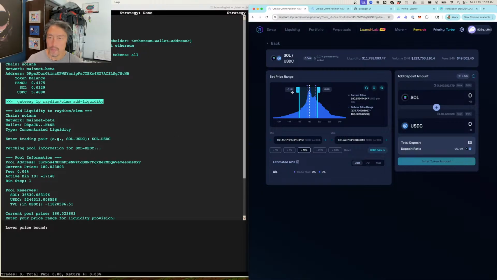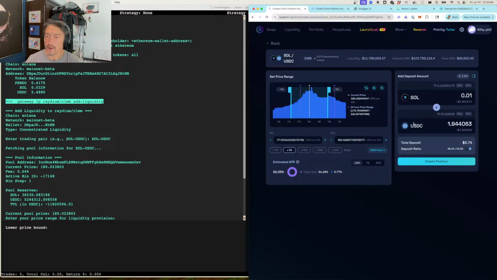And so we have a very small amount. So let's go ahead and set a tight range around the price like this. And maybe let's set a 5% range, something like that. So if we do that on Radium, and we have something like 0.1 Sol, about $1.80, we should expect about $2.